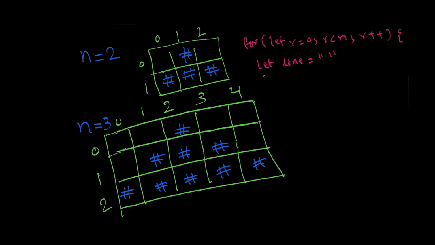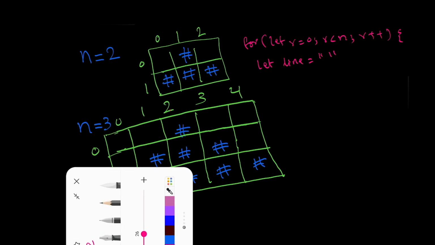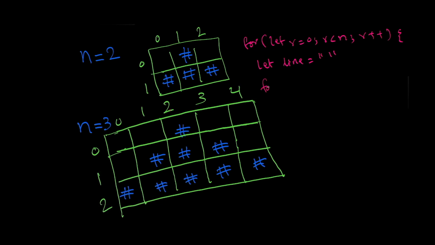And we can write it like this: for let column equals 0, column is less than 2n minus 1, column plus plus, right? So now we need to figure out which columns we need to put the pound symbol in.